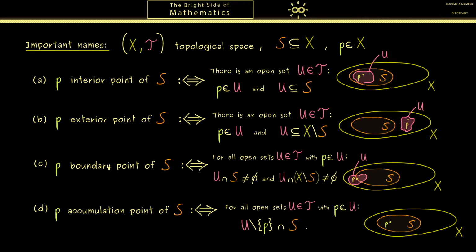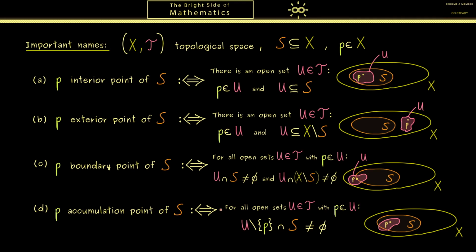Or in other words, the intersection with the set S should not be the empty set. Here, the crucial thing is that this works no matter which open set U around P we choose. For this reason, you immediately see an exterior point can never be an accumulation point.